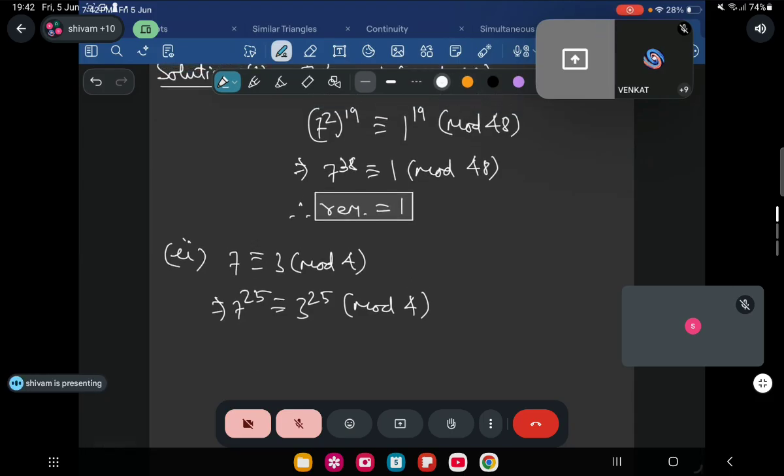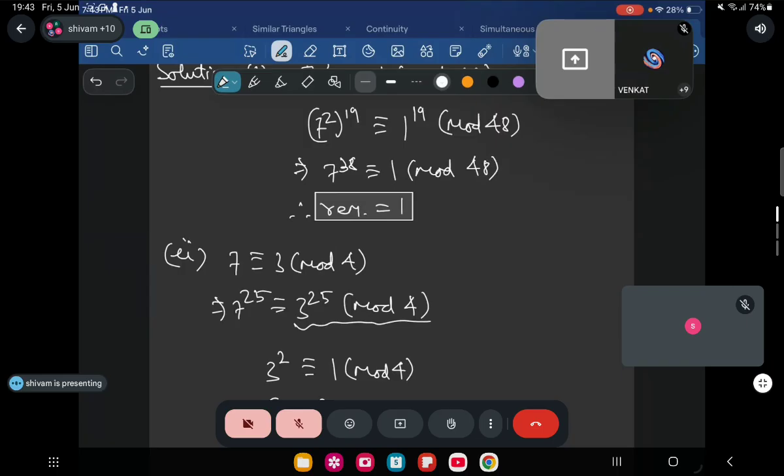Now see, 3 square is congruent to 1 mod 4. Right or not? Tell me. Yes, sir. So by what should we raise the power? Sir, we should raise the power by 12.